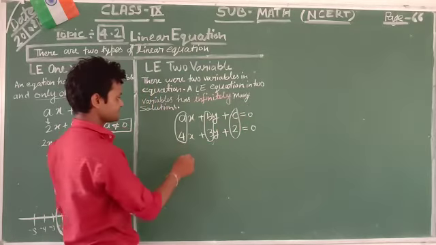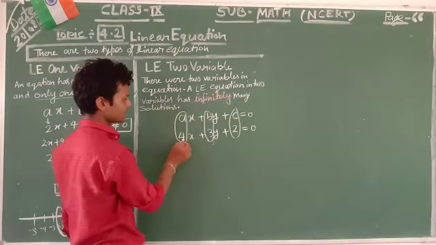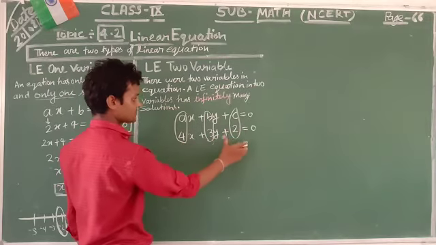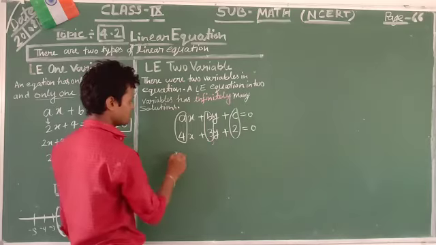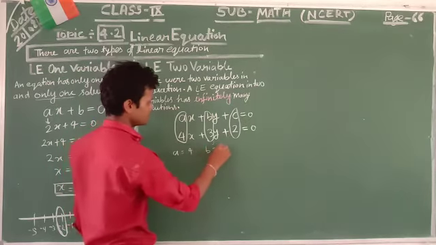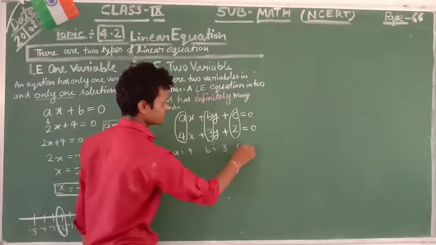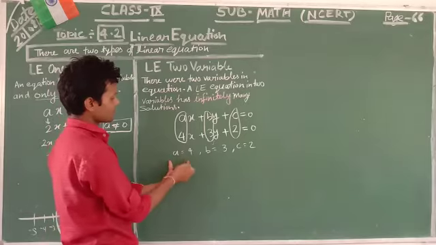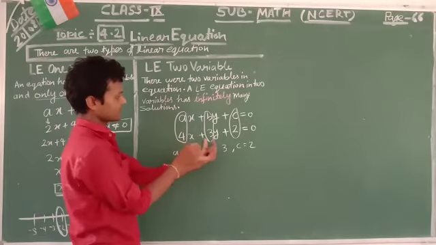You can say the x coefficient is 4 and the y coefficient is 3 and c is also the constant 2. You write here a is 4, b is 3 and c is equal to 2. Okay, you can show the coefficients of x and y.